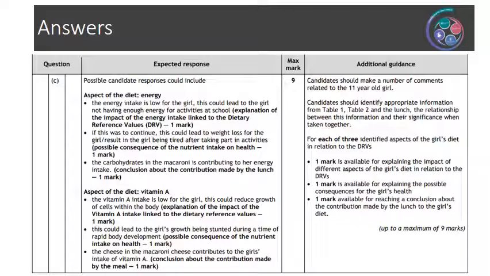You could have also chosen vitamin A. The vitamin A intake is low for the girl. This could reduce growth of cells within the body, giving you 1 mark. This could lead to the girl's growth being stunted during a time of rapid body development, 2nd mark. The cheese in the macaroni cheese contributes to the girl's intake of vitamin A, 3rd mark.